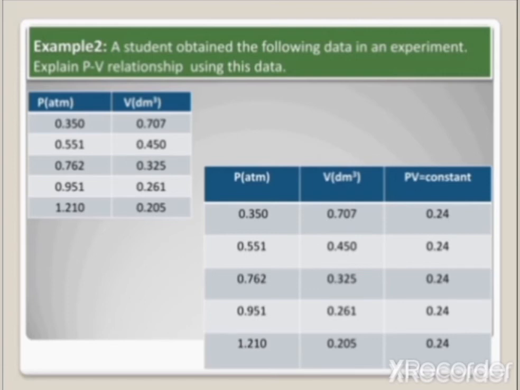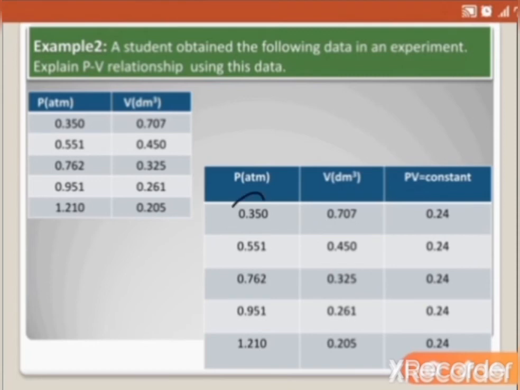Now, if we multiply 0.350 with 0.707, the multiple of P and V is 0.24. And if we multiply the value of 0.551 with 0.450, again we get a constant value, that is 0.24.